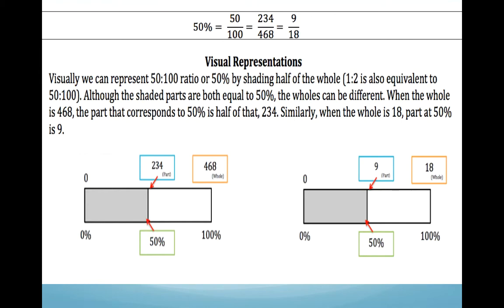In this case, it's right in the middle, which means that the part as a quantity is also going to be right in the middle. The whole rectangle represents the whole, and the shaded part represents the part.